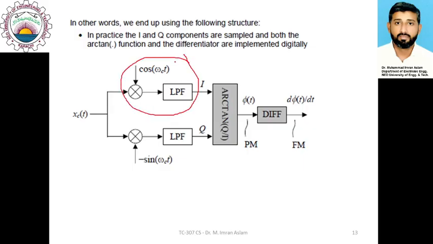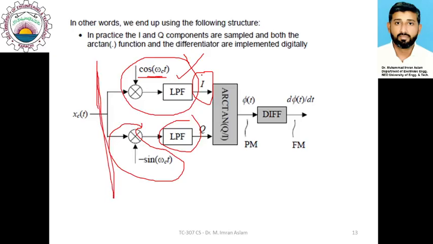For the I component, we have to multiply the signal with cos omega_c t and pass it through low pass filtering in order to find the I component of the signal. And in order to find the Q component, you have to multiply the signal with sin omega_c t and then pass it through a low pass filter. So you can see that by using two synchronous detectors, we can easily find the I and Q components in the system.